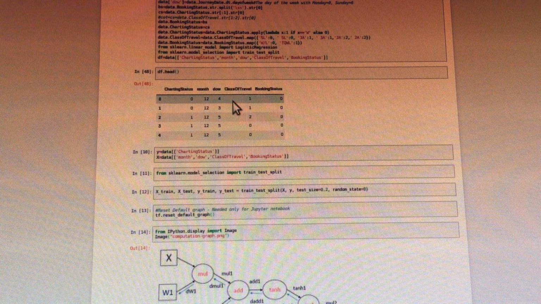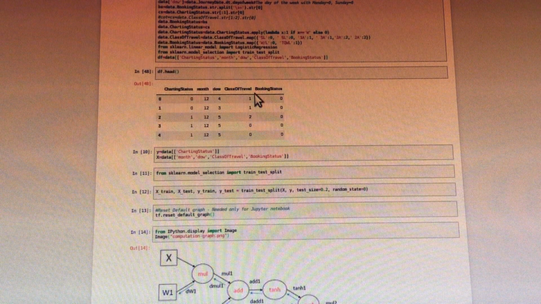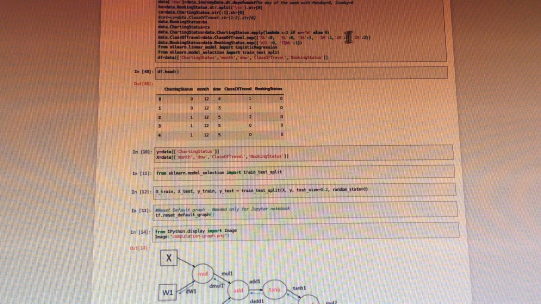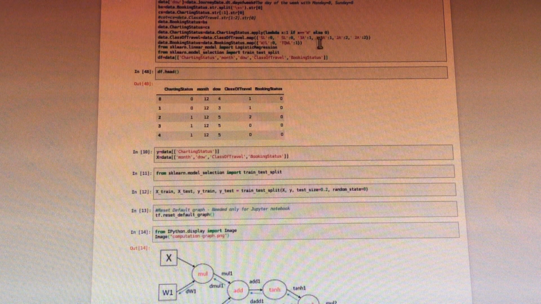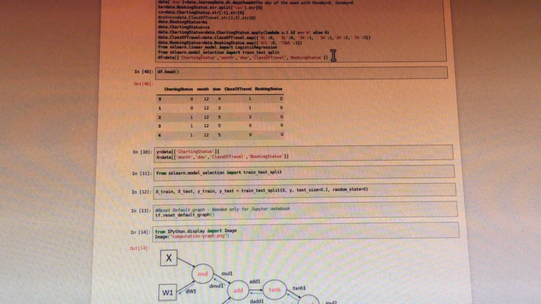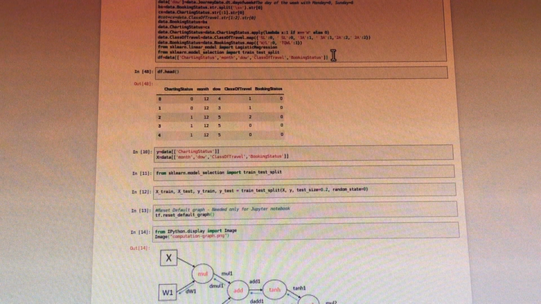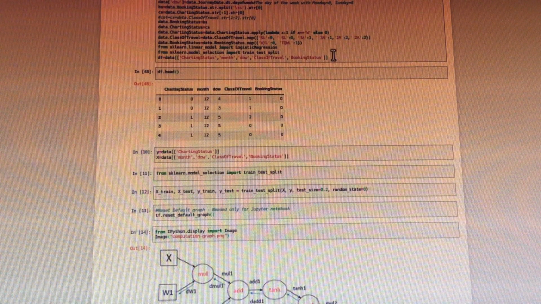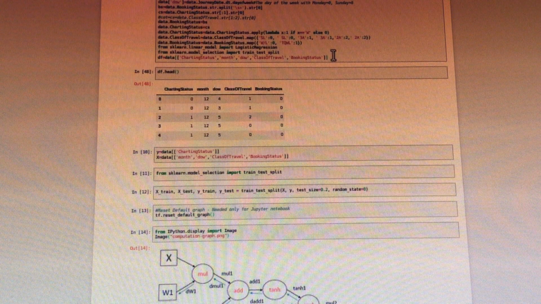In this data set we have features like month, day of the week, class of travel like first class, 2A, 3A, and booking status. In the booking status we get 0 and 1. 0 is assigned for general waiting list, and 1 is assigned for Tatkal waiting list.